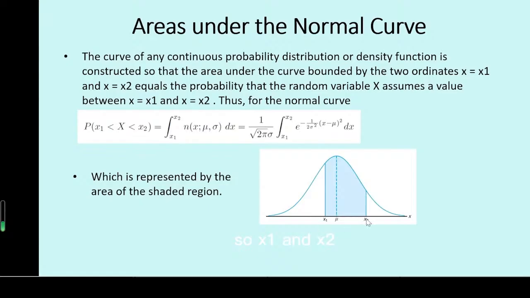So this shaded area represents the probability for random variable X between x1 and x2. For the normal distribution, this probability can be calculated with the integral of the normal density function over dx, with lower bound x1 and upper bound x2.